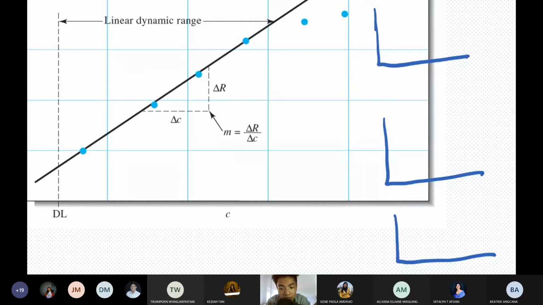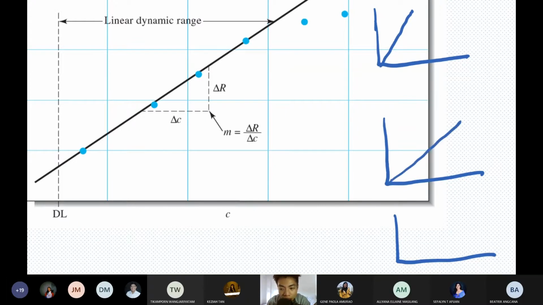There are three common curves that we encounter when establishing calibration curves. The one having a slope that is high, but not equal to 1, so we have this steep slope here, and then the other one has a normal slope.